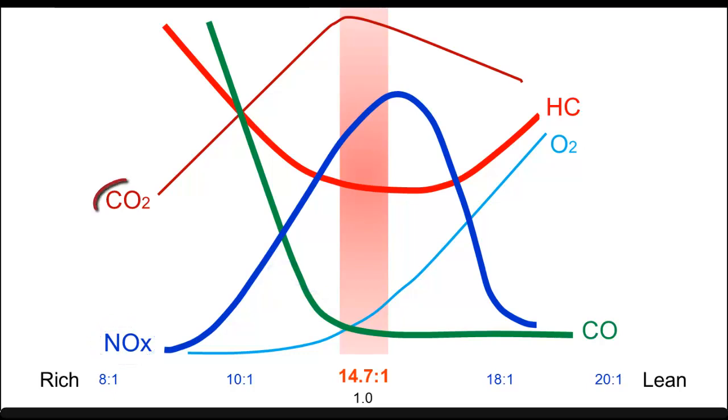Carbon dioxide well off peak at 9.3%. Oxygen remains low at 0.27%. Lambda at 0.77 represents a rich mixture.